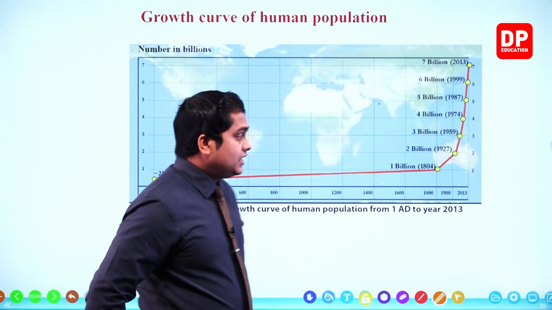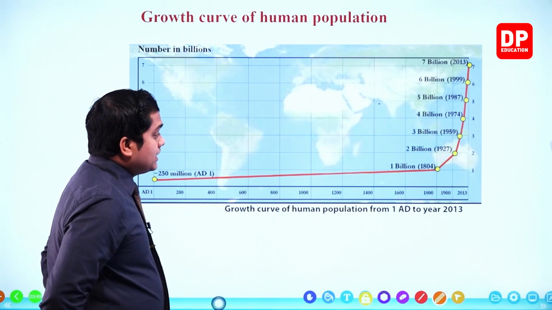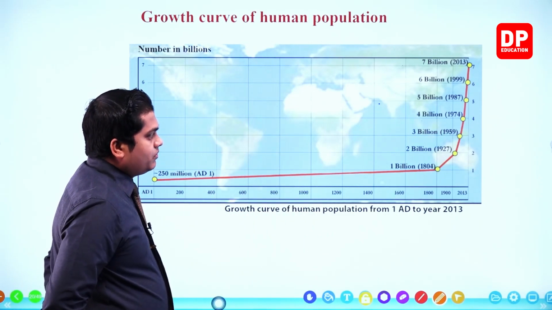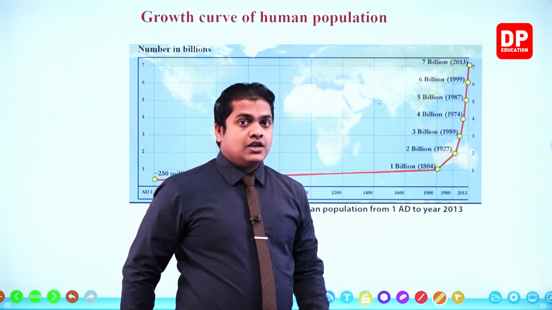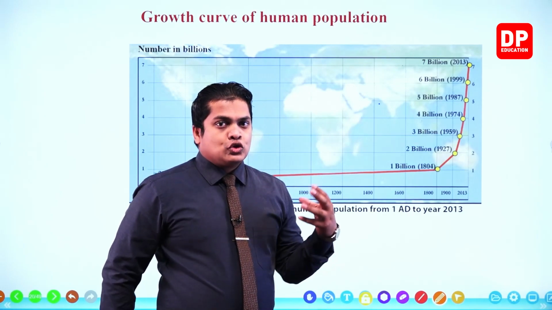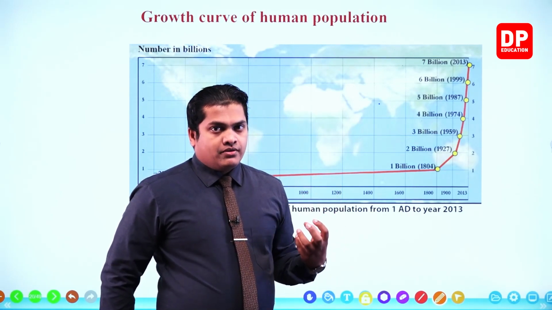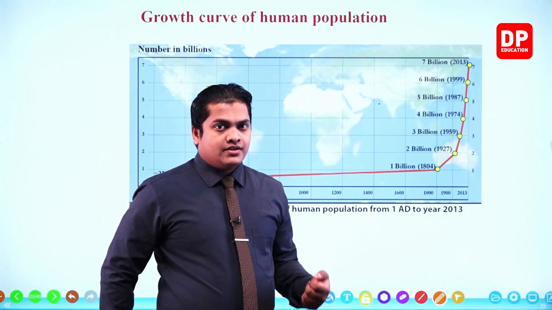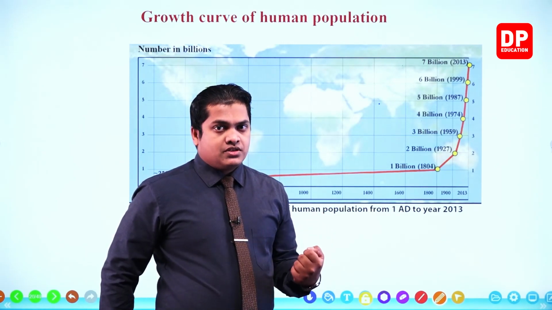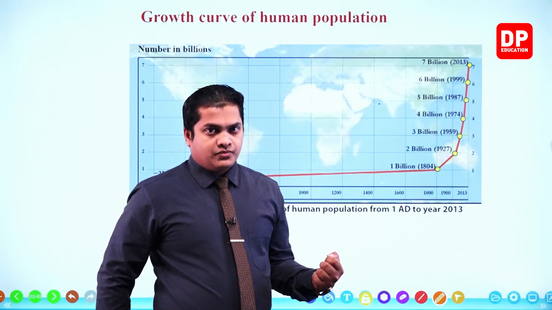This is the second growth phase of the human population. So here to here the first phase, and here to here the second phase. So we are still in the second phase, which is the exponential phase, right? Here we can observe rapid growth in the population.